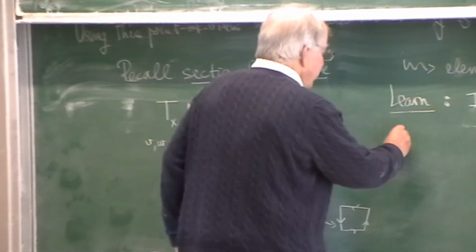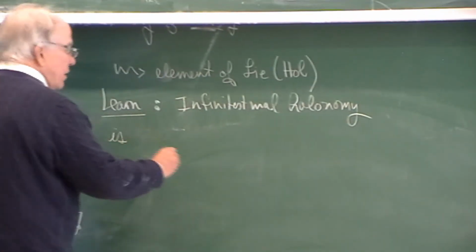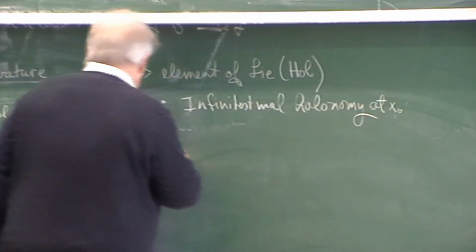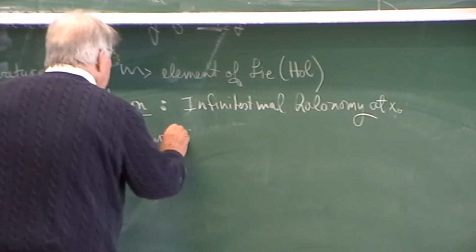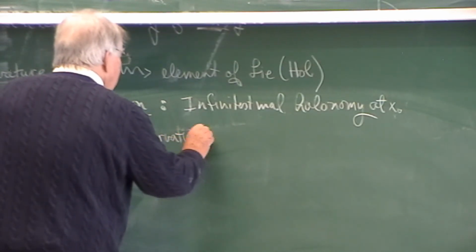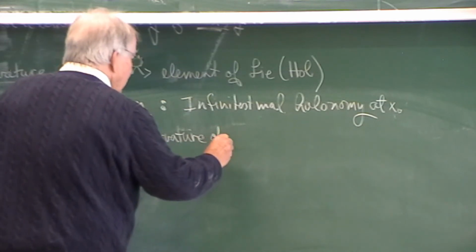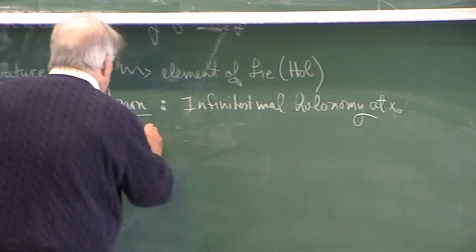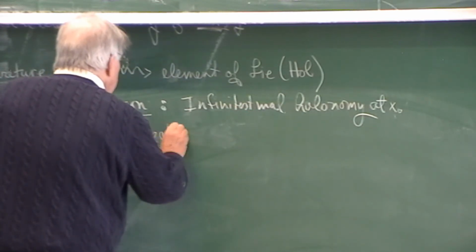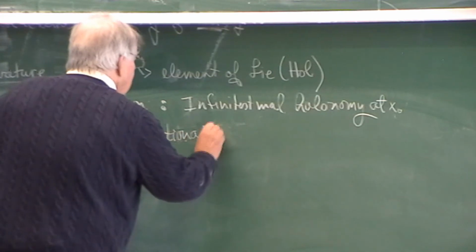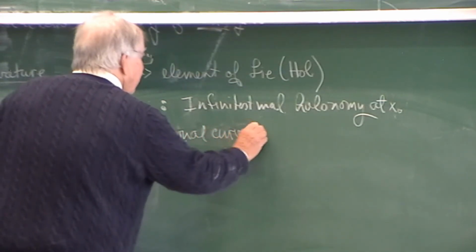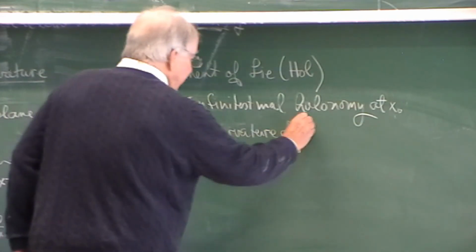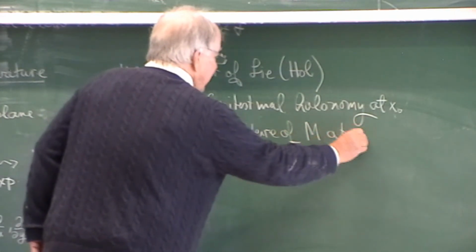Infinitesimal holonomy is curvature at the point x0, and is, let's say, sectional curvature, be careful. But it's the same thing, sectional curvature determines curvature. The sectional curvature of n at x0.